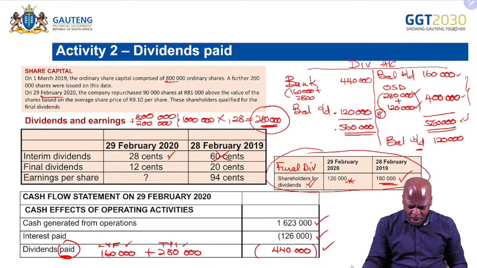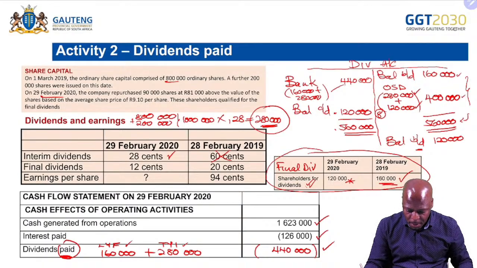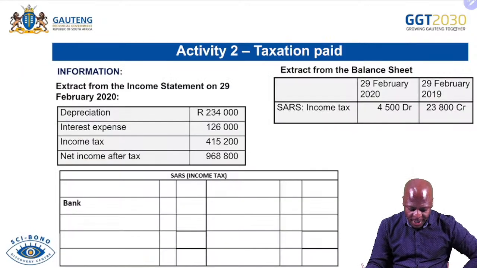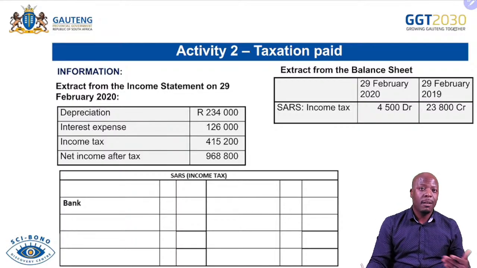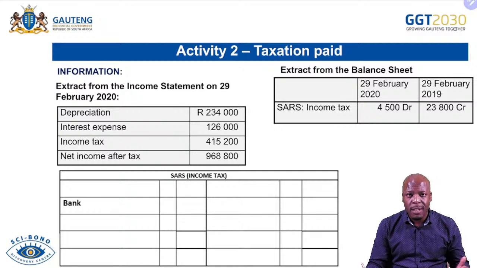All right. I know you got that one. Let me quickly move on, boys and girls, to my next aspect. My next aspect is very interesting. I call it taxation paid. I'm also going to open what I call my tax account. You have done the SARS income tax in term 1, and I'm just going to use the basic principles that you were taught in class.